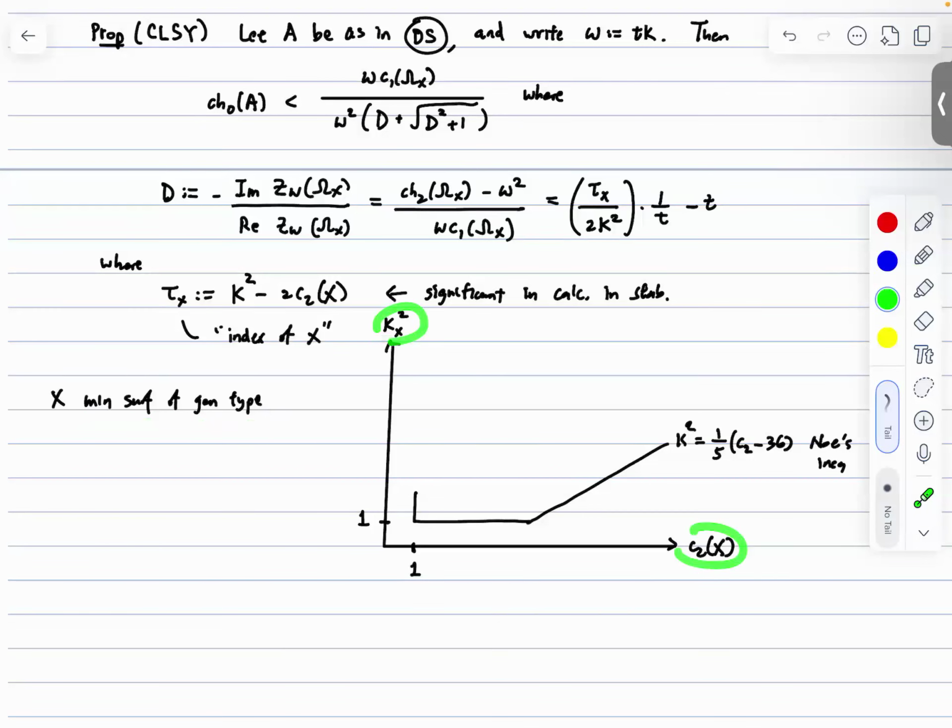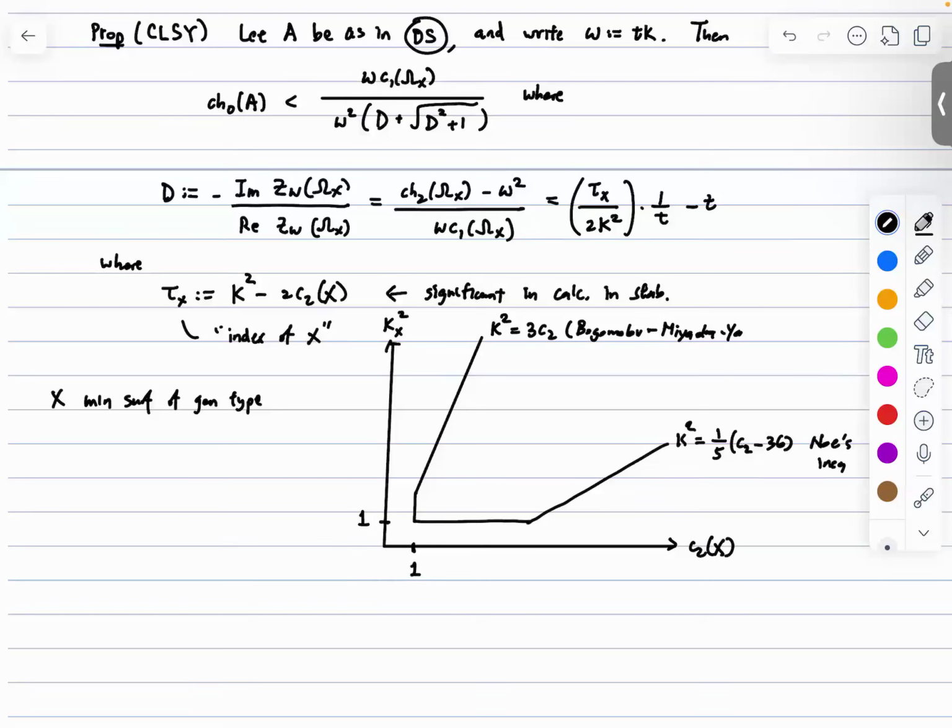This ordered pair has to be below a line called the BMY line, K squared equals 3 times C2. BMY as in Bogomolov, Miyaoka, Yau. So for minimal surfaces of general type, the ordered pair (C2, K squared) has to be in this region.